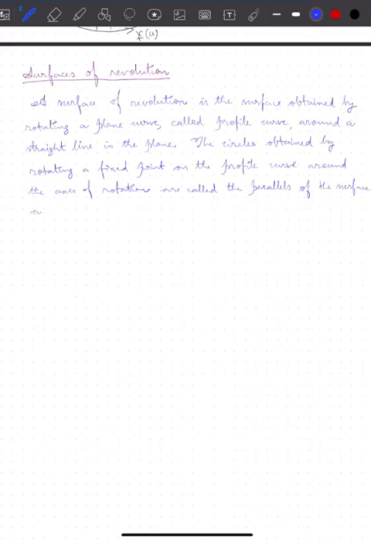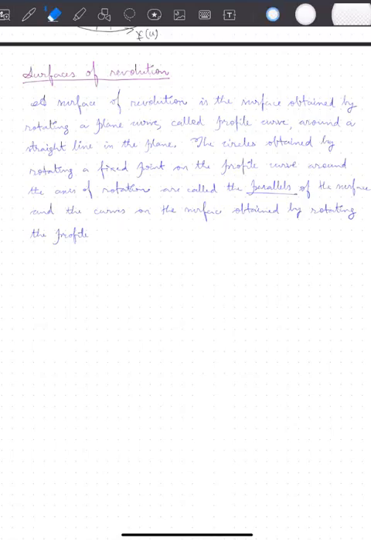And the curves on the surface obtained by rotating the profile curve through a fixed angle are called its meridians.